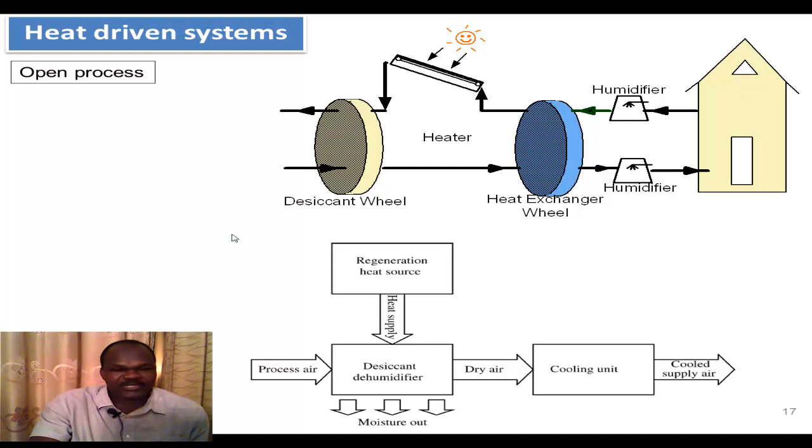You can use any other source of heat to do that, but because your air is already warm from the room, you can use that with a solar collector to regenerate your wheel, and that's all. That's how desiccant evaporative cooling works. It's a solar heat-driven, open system. Open in the sense that the working fluid is being thrown to the environment.